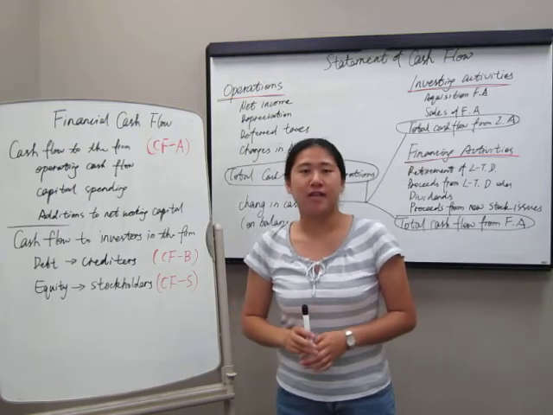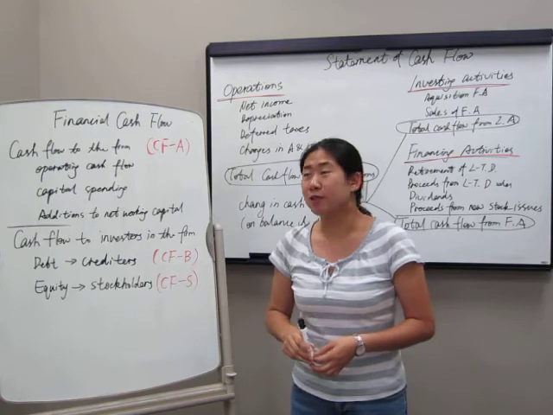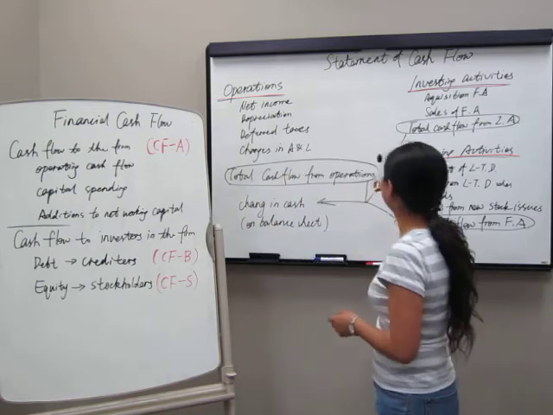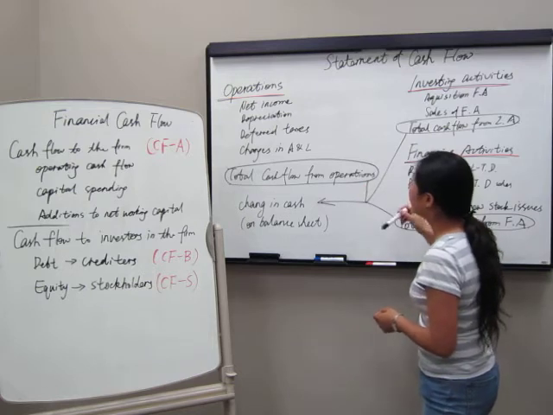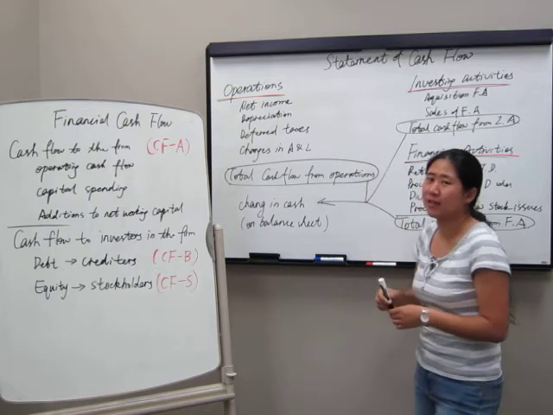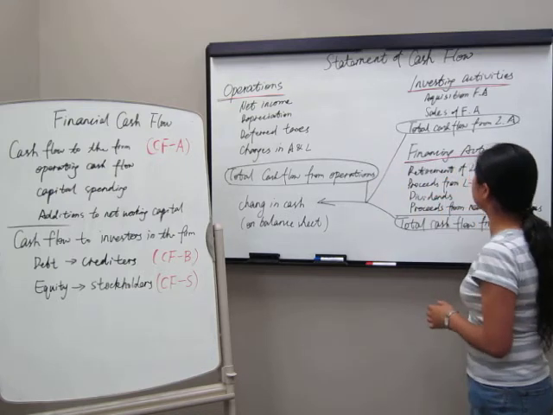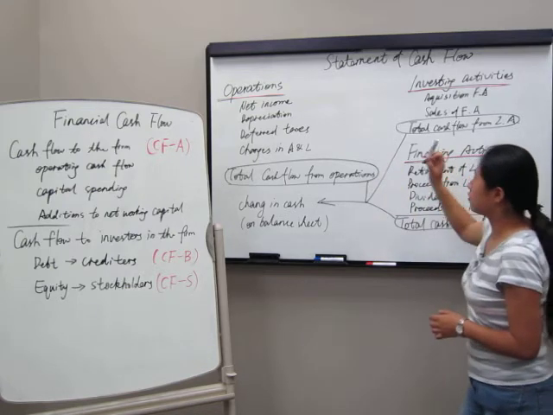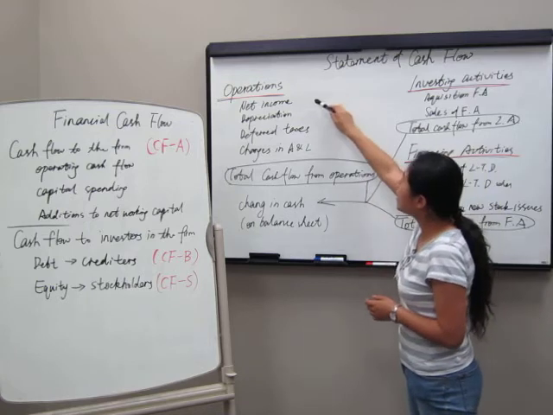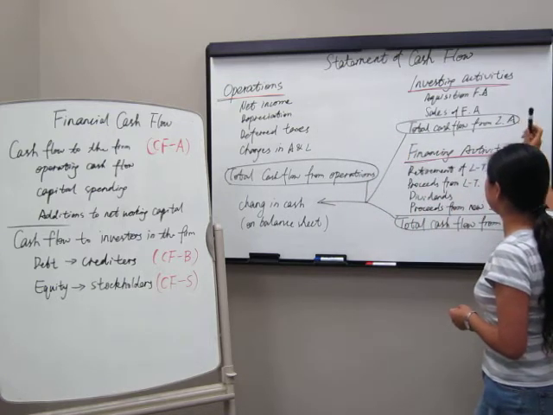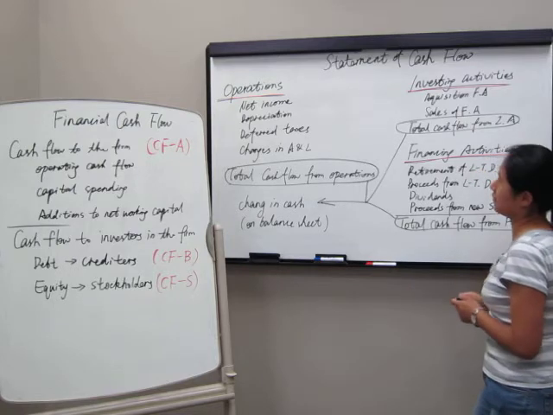Actually, the accounting statement of cash flow is a little bit different from this financial cash flow, because the purpose of the accounting statement of cash flow is to calculate the change in cash. There are three activities in this statement: operations, investing activities, and financing activities.